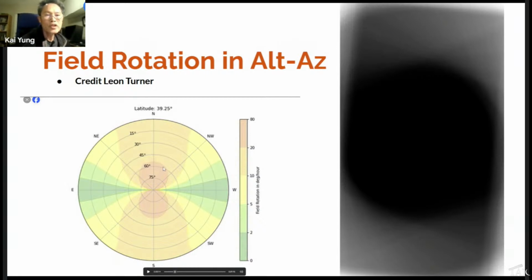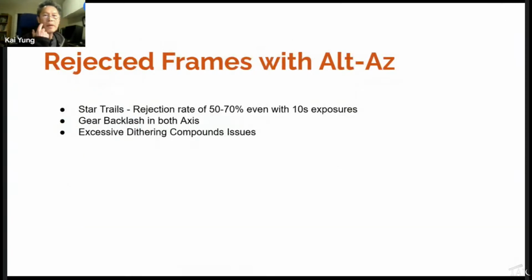And it's actually worse than that. In the graph you see here, the higher up the targets are, the worse the field rotation is. And of course, you do want to image things up high because you have less pollution. So it compounds a lot of stuff. The other thing with azimuth mode is that the rejection rate is pretty high because both motors are moving.